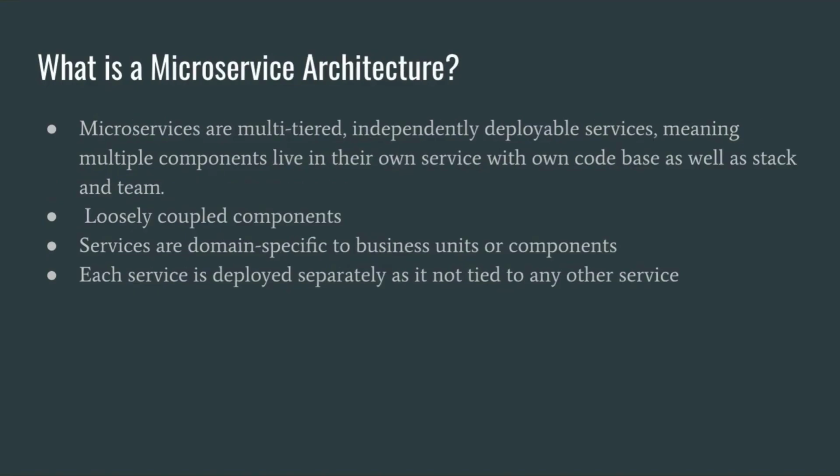Now going further, we want to see what a microservice architecture is. Microservices are multi-tiered applications, where the services are independently deployable, meaning the multiple components live in their own service with their own code base, as well as stack and team.